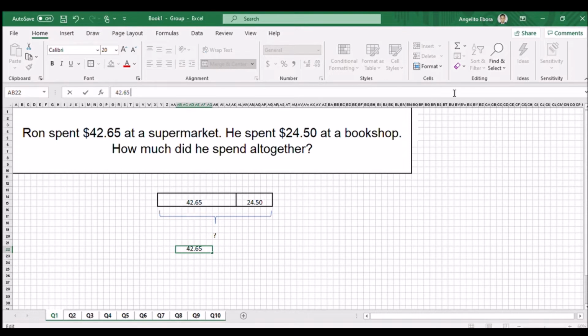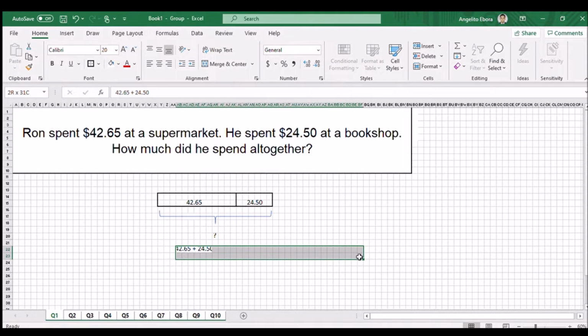Plus $24.50. So when we add these two numbers, it will give us $67.15. But don't forget our unit, which is the dollar sign. $67.15. There you have it.